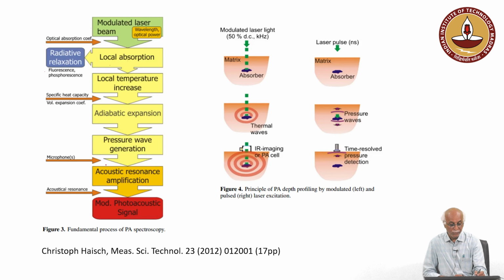is captured using microphones, okay, or some other acoustic detectors. Now, the microphones may be based on a capacitive approach, or it can be a piezoelectric sensor in this case, okay.